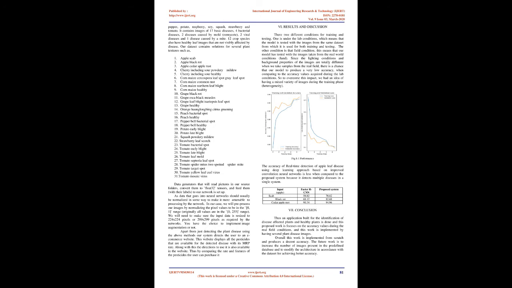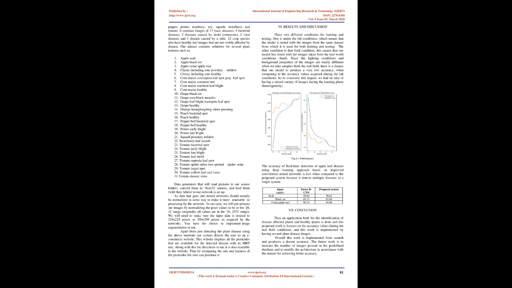Apple scab, 2. Apple black rot, 3. Apple cedar apple rust, 4. Cherry including sour powdery mildew, 5. Cherry including sour healthy, 6. Corn maize cercospora leaf spot gray leaf spot, 7. Corn maize common rust, 8.